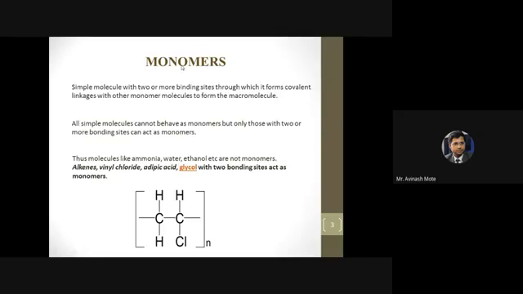Getting it? So it is like a unit cell. This unit cell concept you may have studied in metallurgy also. The monomer stands for a single molecule which has two or more binding sites. This is a very important point. Now what is meant by two or more binding sites? Come to the picture at the bottom.